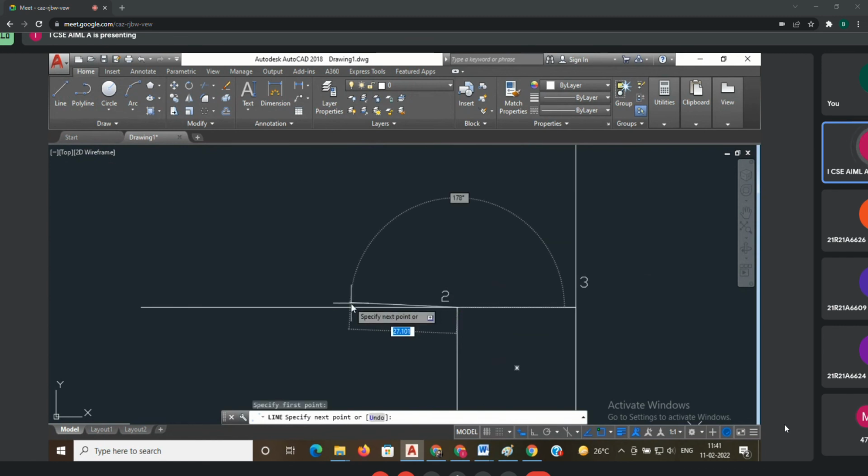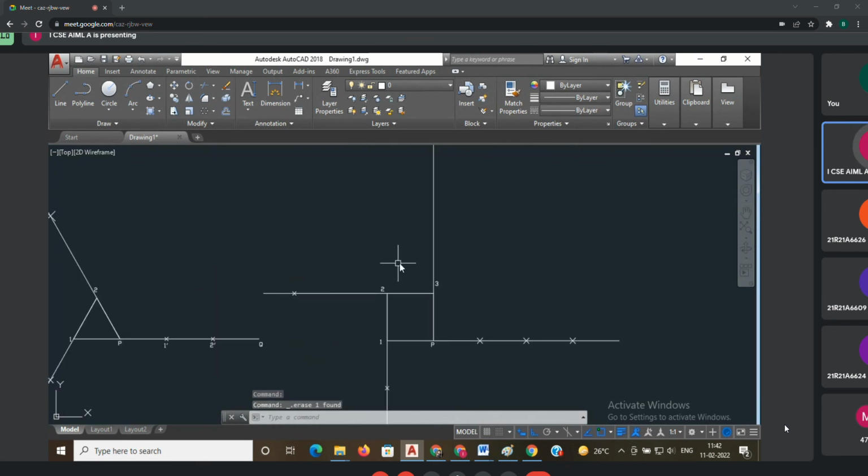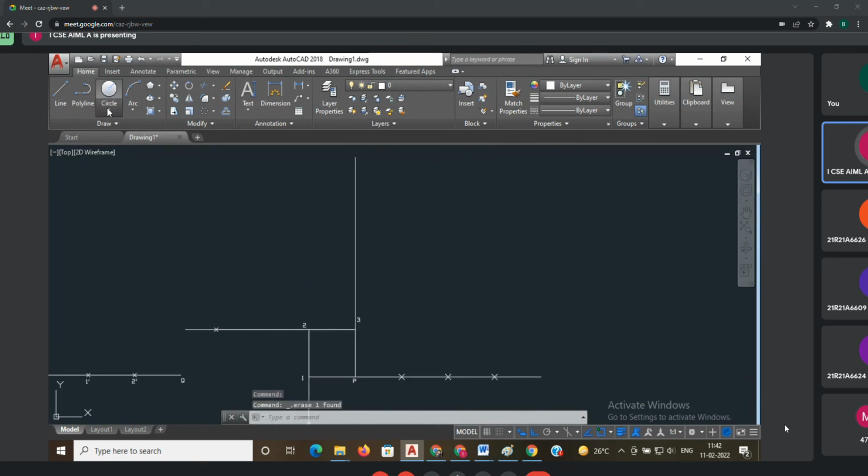How much length? 2 sides length means 60. Enter 60 mm and just draw the line for identifying the end point. This is your point P0, and you can make the point over here and delete this. Otherwise, you can use the circle, center and radius.